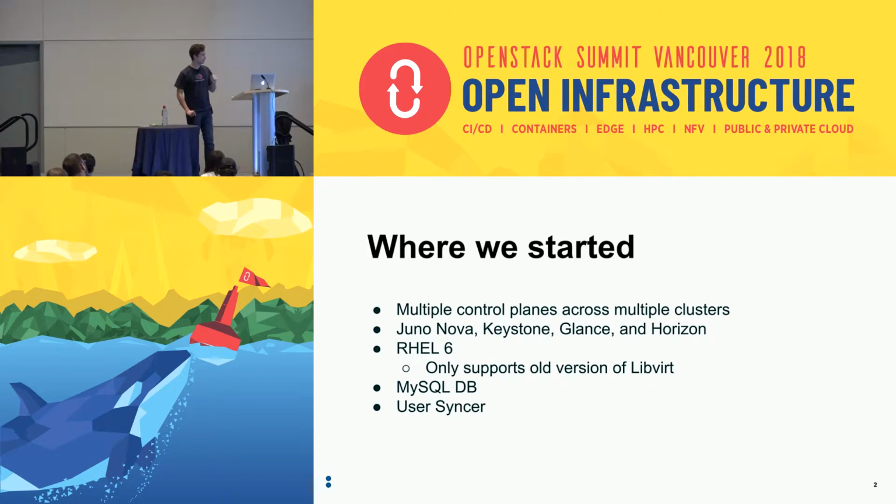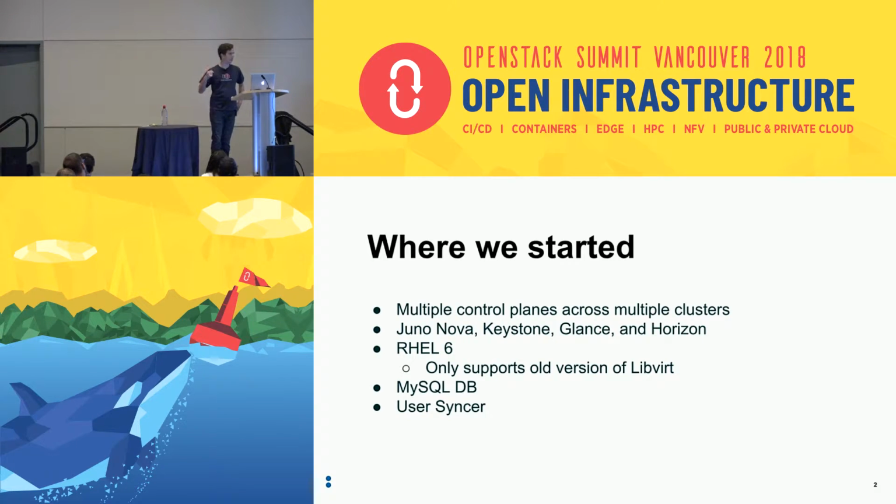The DB, obviously the DB is the Juno version, so you need to upgrade it to the Ocata version. You also got to consider things that have nothing to do with OpenStack, like RHEL. RHEL 6 only supported up to some old version of Libvirt, and Ocata didn't work with that version of Libvirt.